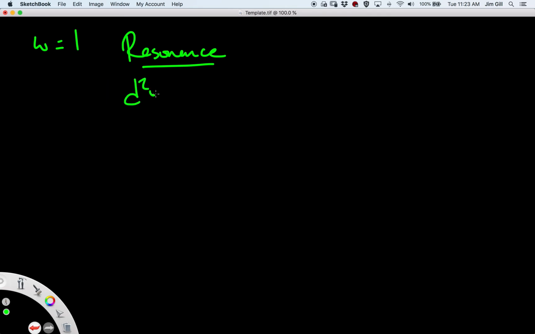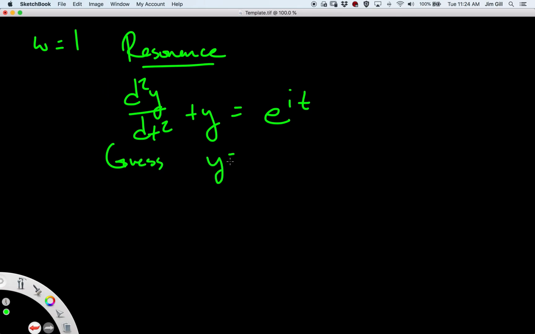So here's our equation, d squared y over dt squared plus y is equal to, I'm just going to drive with e to the it, right? We're really going to take the real part here, because the real part would be driving with cosine. Our guess would be y equals a e to the it, but we know that that's a homogeneous solution, so t times a e to the it would be our guess.